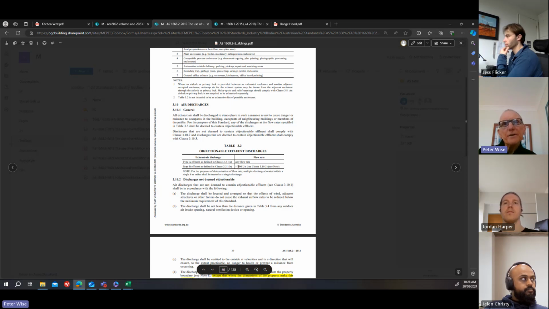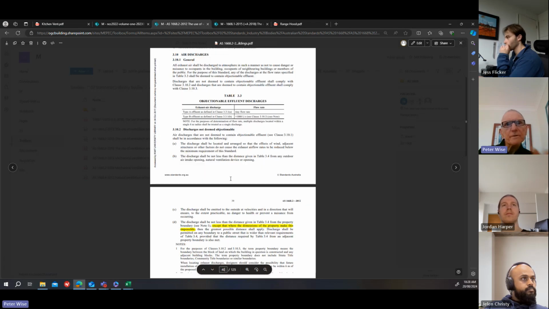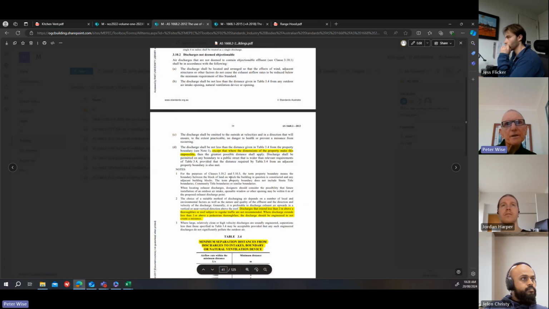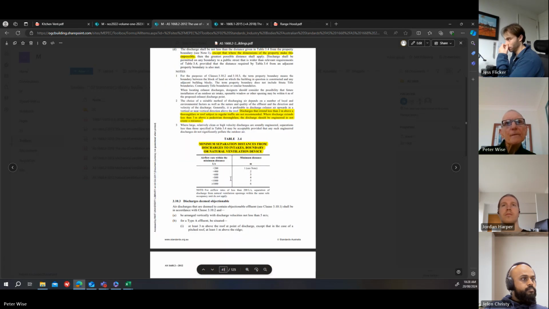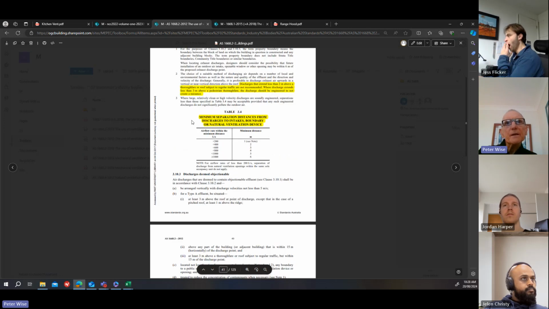If it's less than 1,000 litres a second for some reason, if you're just exhausting from one small piece of equipment, then it would be deemed non-objectionable, and you can follow this set of rules. But generally, we're talking about objectionable discharges, which is clause 310(3).